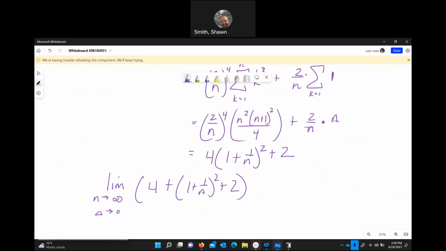Close to 0. 1 squared is 1. 4 plus 1 is 5. Actually, that's 4 times, not 4 plus, right? Of course, directly in front of parentheses. So 4 times 1 is 4, plus 2, this limit is 6.